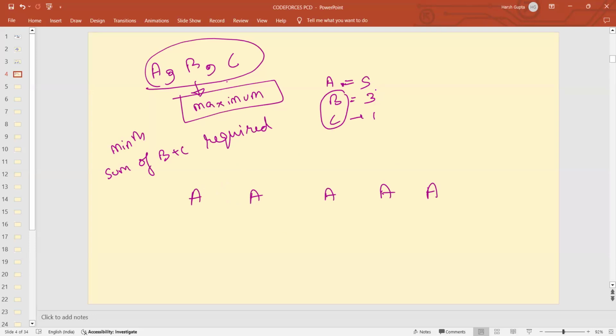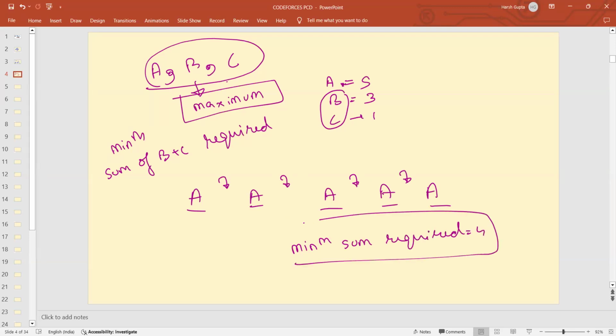Now just tell me what is the minimum sum of B plus C required and why? I know that I can't keep all these A's adjacent, right? So I have to put some values in between. So the minimum sum of B and C required is 4.